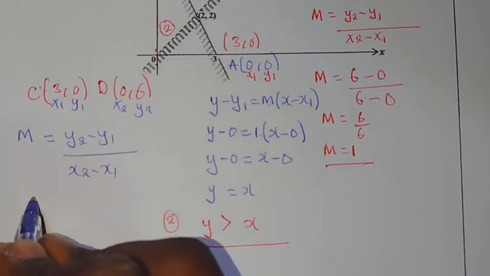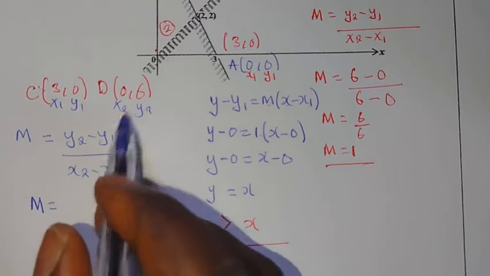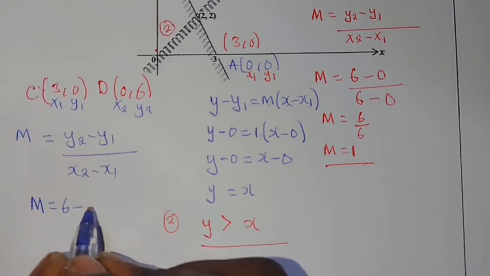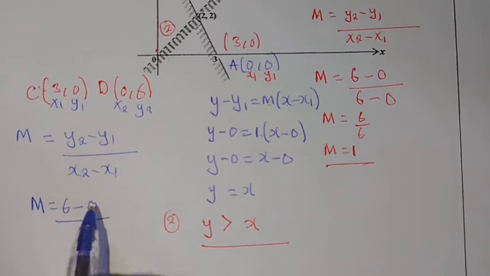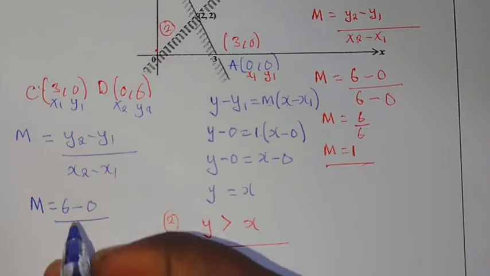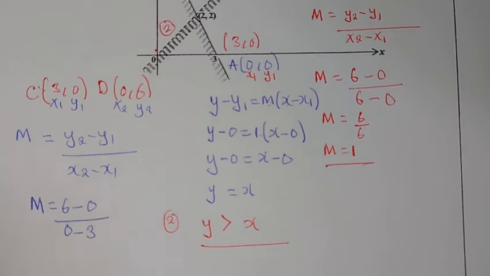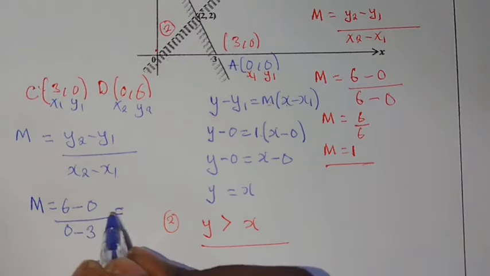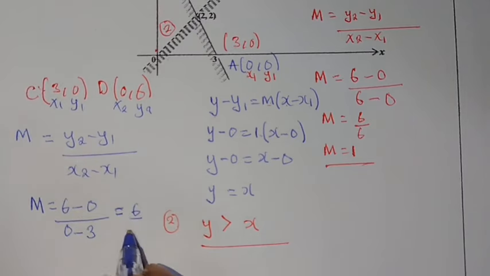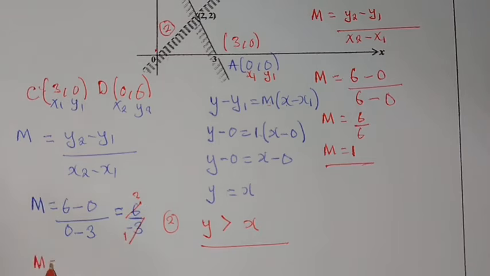So from here we say gradient equals our y2, which is 6 right here, minus our y1, which is 0 right here, over our x2, which is 0, minus our x1, which is 3 right here. So when you substitute, 6 minus 0 is 6, 0 minus 3 will give us a negative 3. So we can do this: 3 into 3 is 1, 3 into 6 is 2. So we have a negative 1 into a 2. Finally, the value of the gradient will be negative 2.